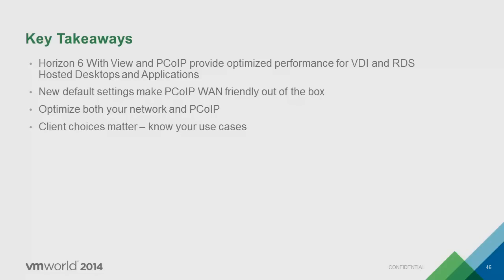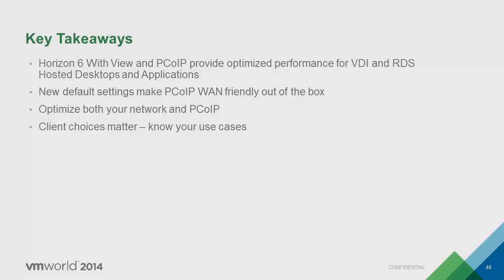Sean Bass was the one that made a lot of noise last year and said, basically, if you tune PCoIP, you can deploy over the WAN all fine, right? But out of the box, it's not ready. He doesn't consider it WAN ready. So we really took that to heart. We worked with Teradici, and we came back with a set of new defaults that we believe is WAN ready, but also provides a great user experience.